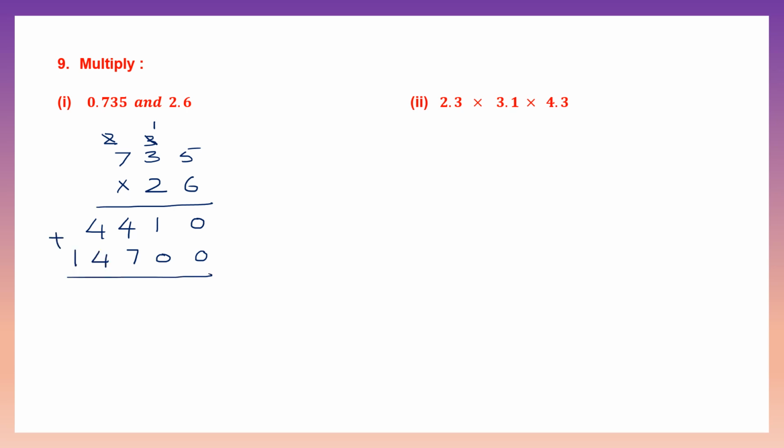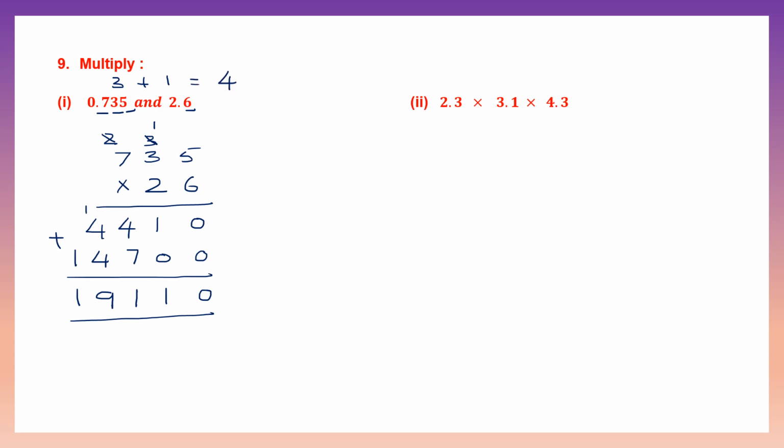Now let's add this up. 0, 1, 4 plus 7 is 11 again, carry 1. 4 plus 1 is 5, 5 plus 4 is 9, and then we have 1. So this is the number we have. Now let's go back to our question. Now see how many decimal places there are. 1, 2, 3. So there are 3 here, and here we have 1. So totally there are 4 decimal places.